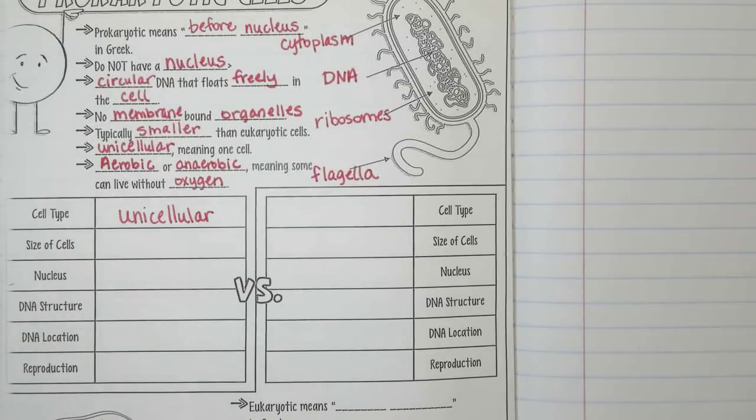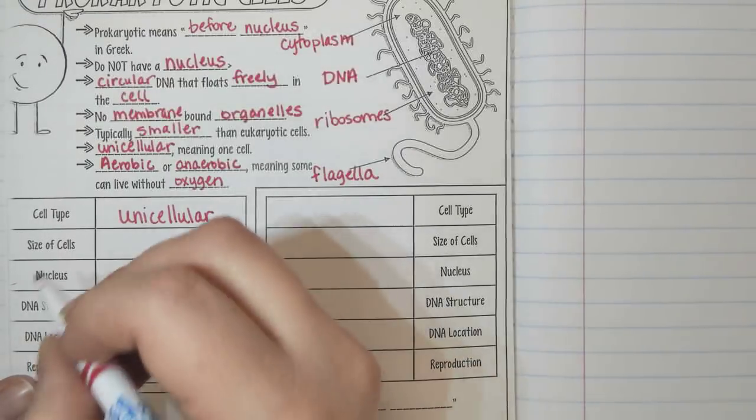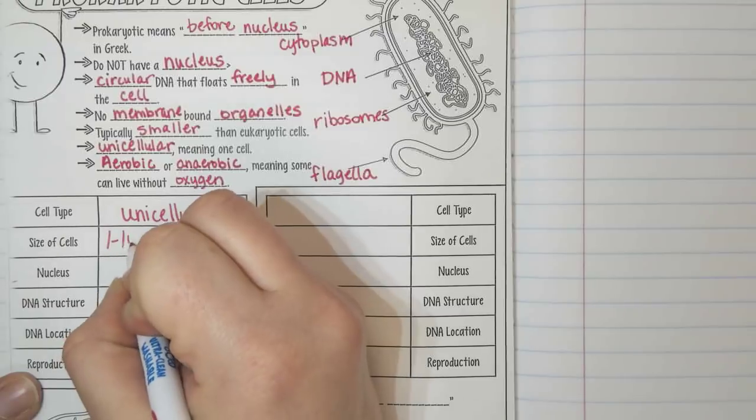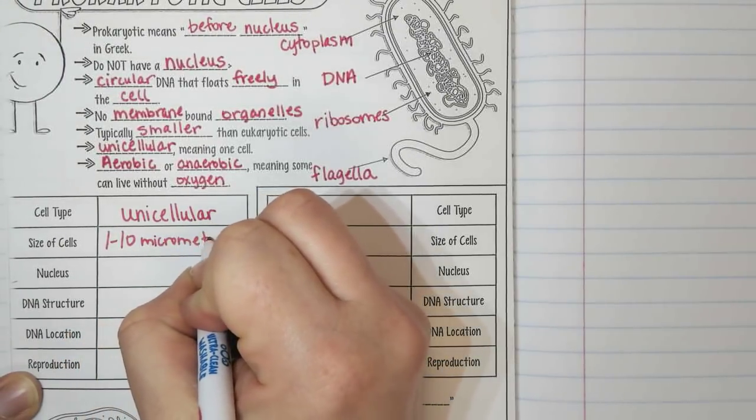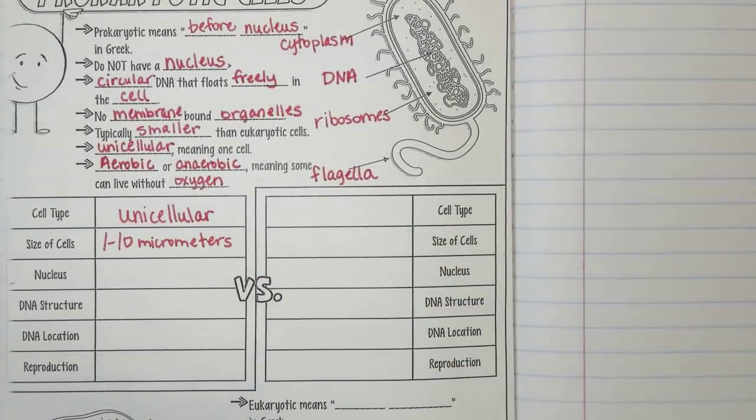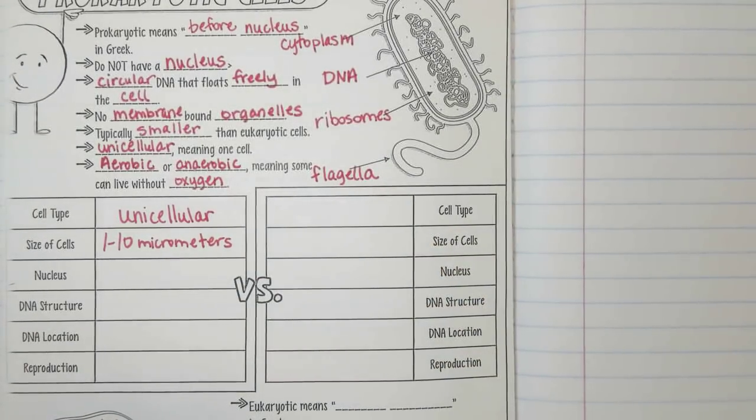We can get even smaller than that with something called a micrometer. And the size of these cells is usually between 1 and 10 micrometers. So again, we're talking about something that we cannot see with our eyes. We'd have to have a microscope.